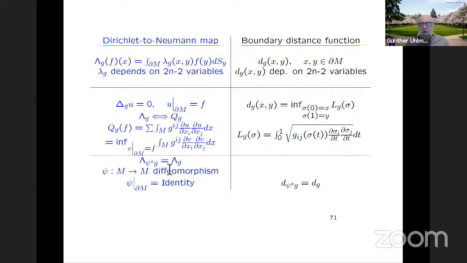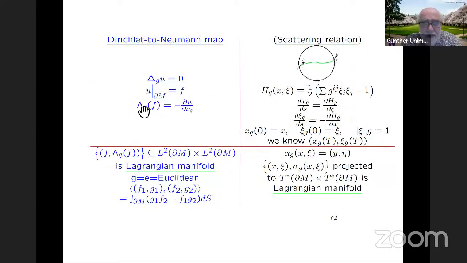Now I look at the scattering relation, which is related to the distance function. Here is the definition, it is a plus sign, by the way. And the scattering relation is solving an ODE.